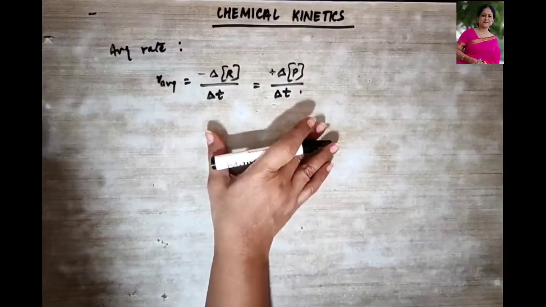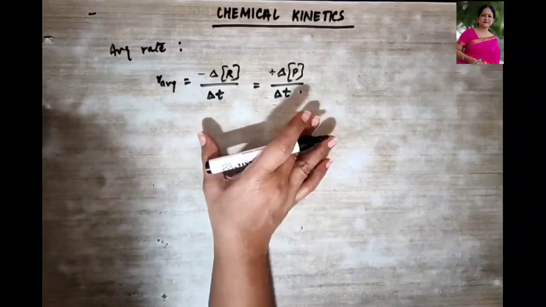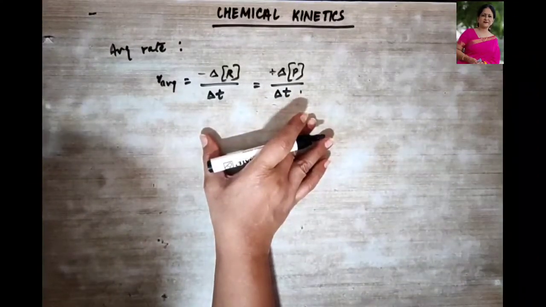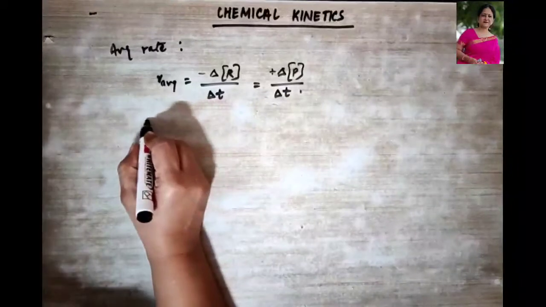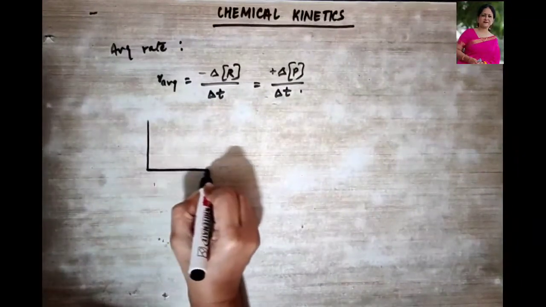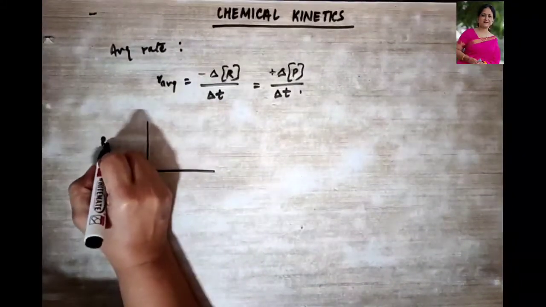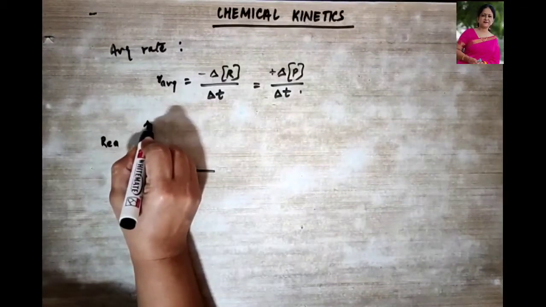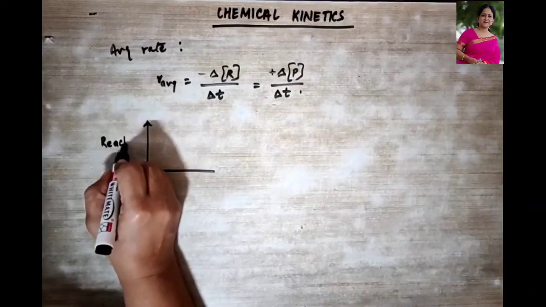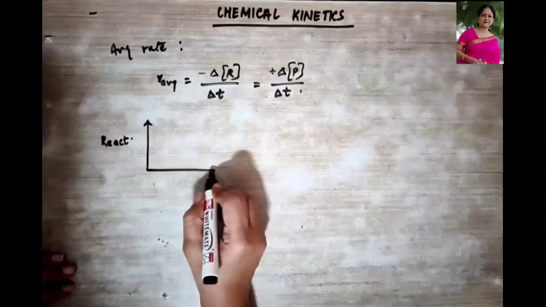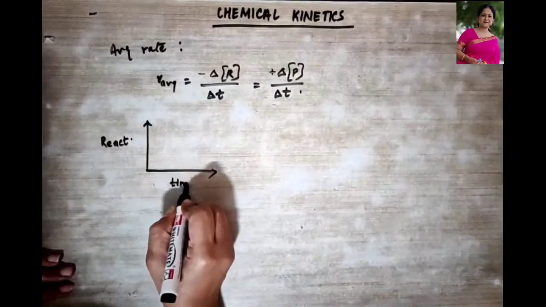which is equal to the positive delta P, that is the product, upon change in the time, right? So if we talk about this further with respect to the graph, suppose we take a graph over here, and your y-axis is your reactant, right? And on your x-axis, we take the time.